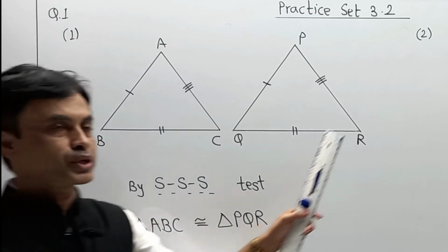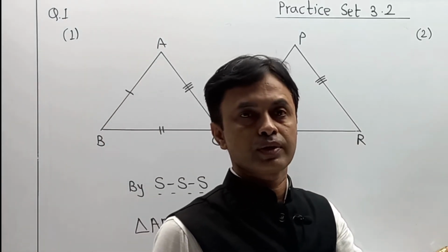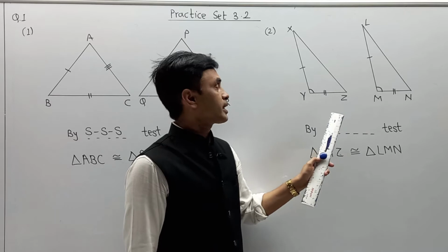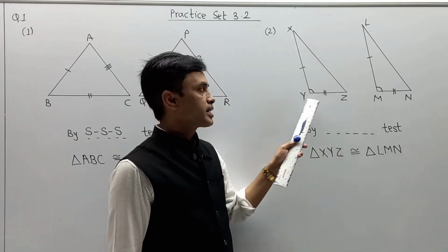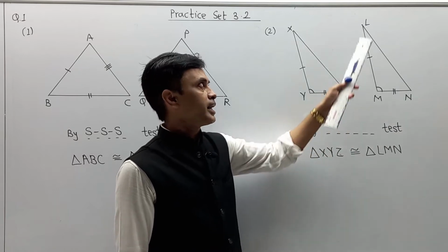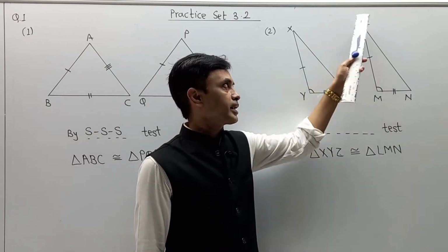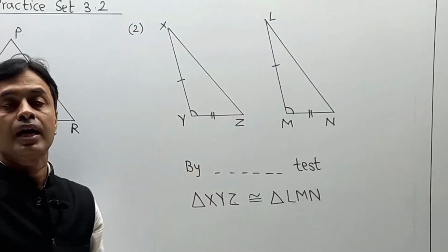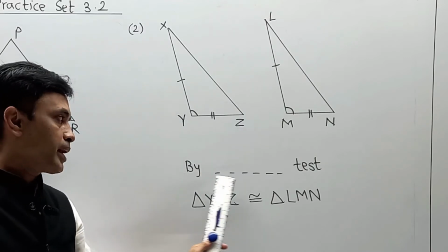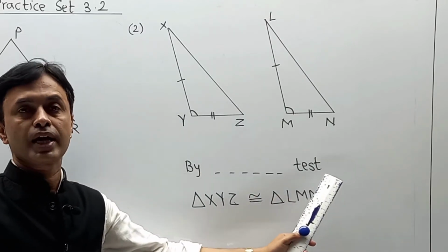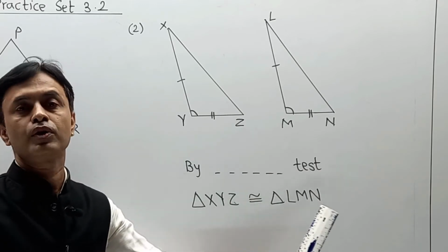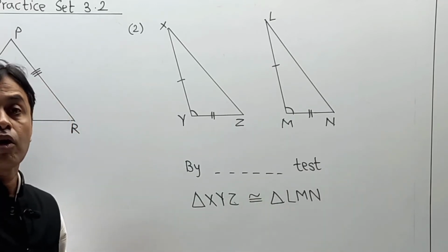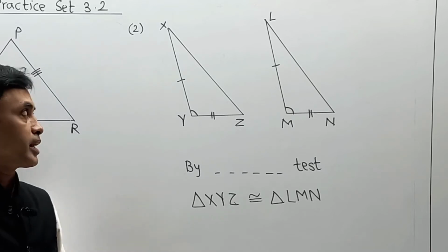Now from the first question we are moving to the second question. In the second question they have given triangle XYZ and triangle LMN. Again they have asked by which test these two triangles are congruent, and they have given the condition that triangle XYZ is congruent to triangle LMN. Now observe the diagram very carefully.